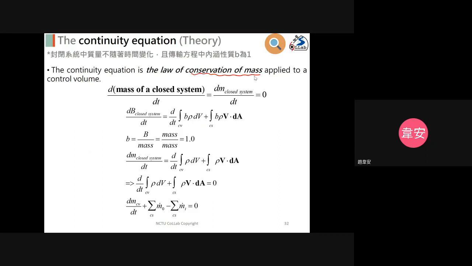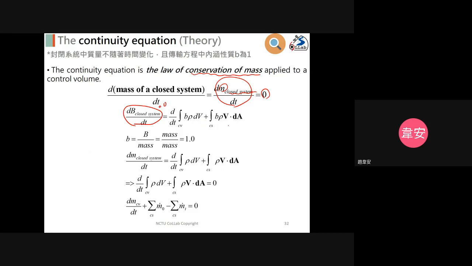That means the mass in a closed system doesn't change with time. So this item is always equal to 0. If you go back to the transport equation, the left-hand side in here is always equal to 0.